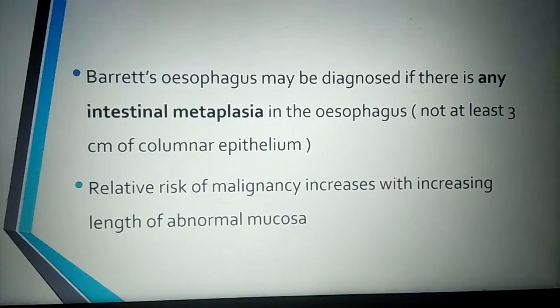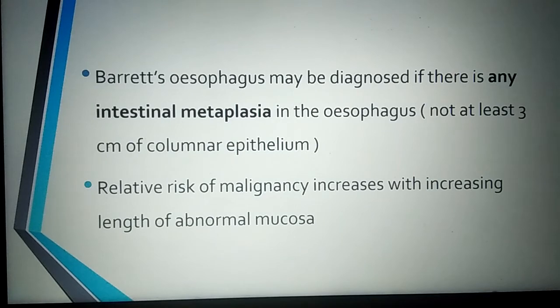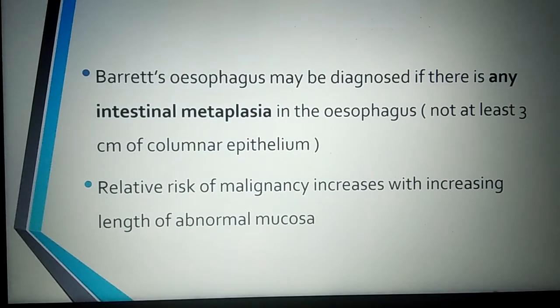Now, how to identify Barrett's esophagus? It is diagnosed if there is any intestinal metaplasia. If any tissue of intestinal metaplasia is there in the columnar epithelium in the esophagus, we can label that patient as Barrett's esophagus. It has been seen that the relative risk of malignancy increases with increasing length of abnormal mucosa.